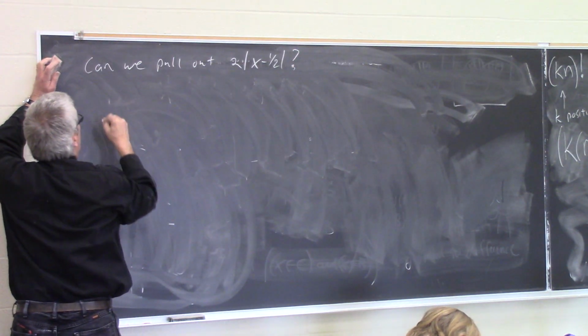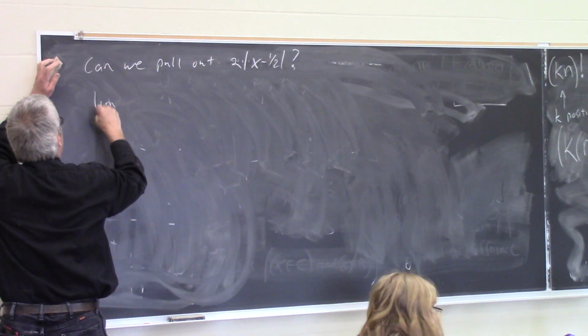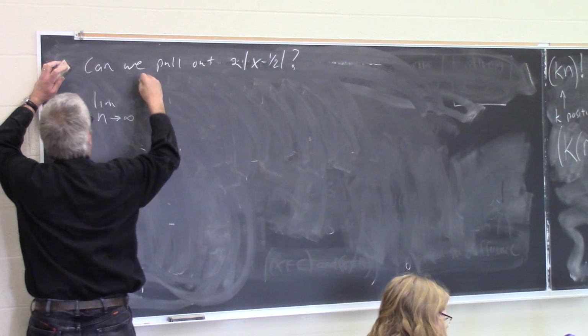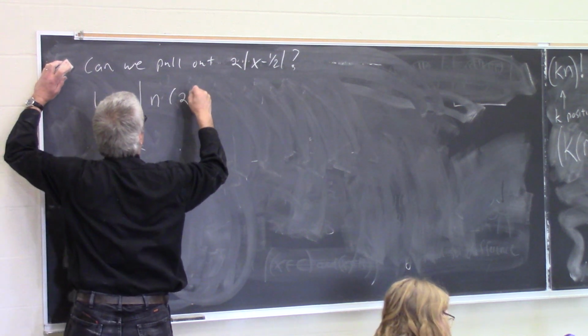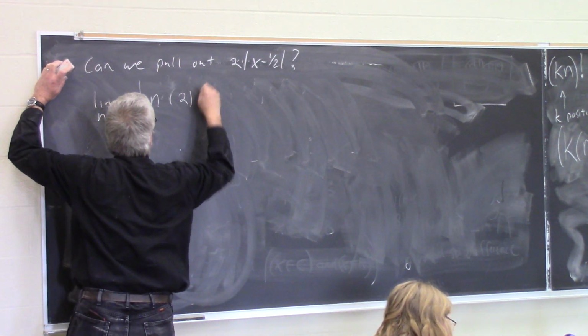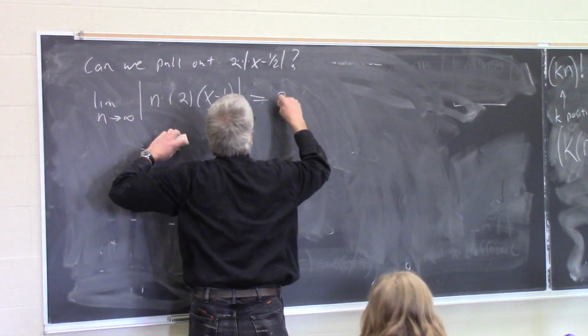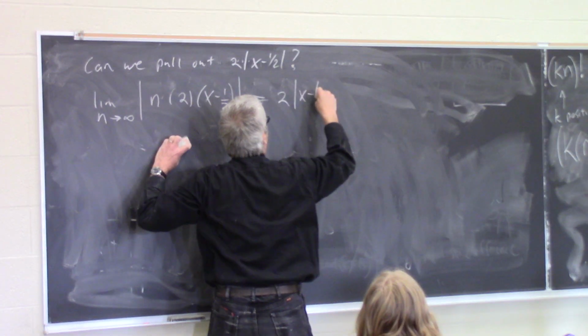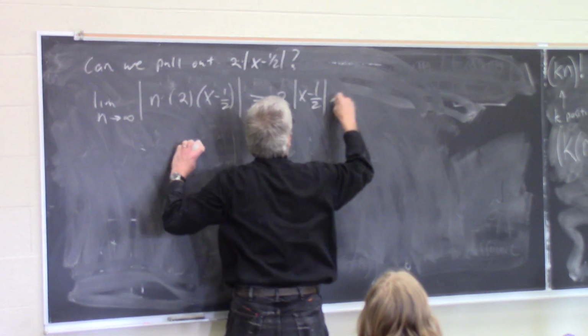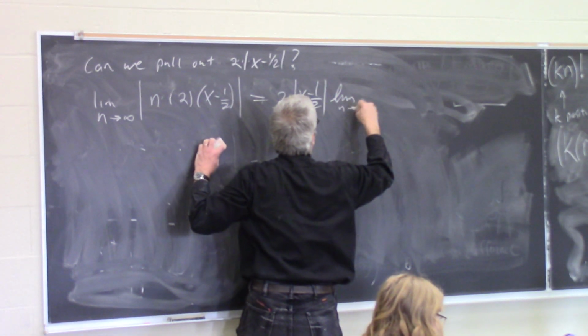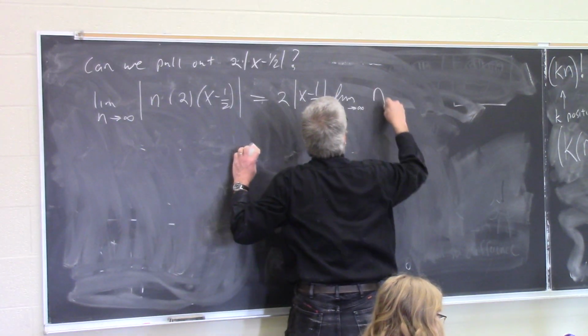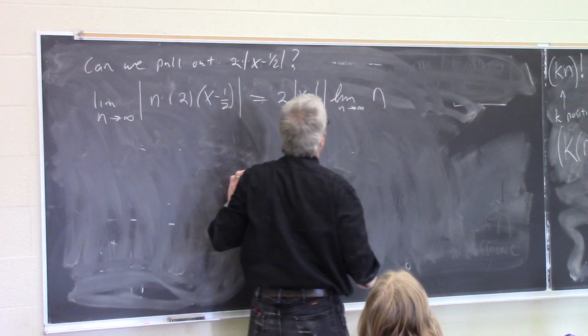So, the limit as n goes to infinity of n plus 1 times 2 times x minus 1/2 would be 2 times x minus 1/2, in absolute value signs, times the limit as n goes to infinity of n plus 1.